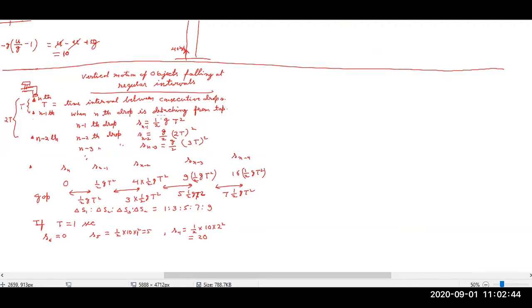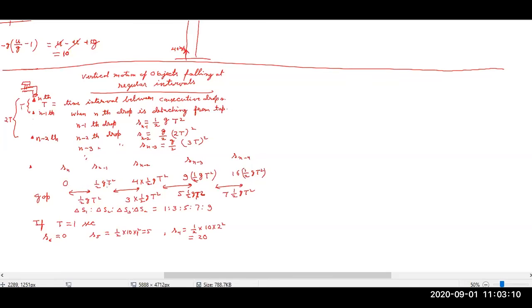If you want to write the positions of these drops, for the nth drop it will be 0, and for the n minus 1 drop it will be half gt square. For the n minus 2 drop it will be half g 2t square. Similarly, g by 2 3t square, like that. We can keep on writing like that, and we have written the positions of different drops with respect to the tap.